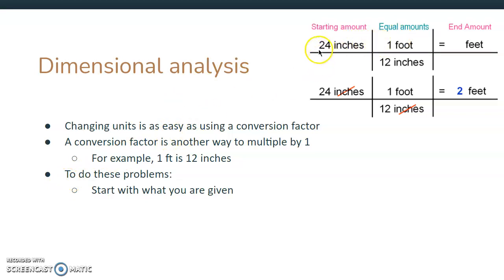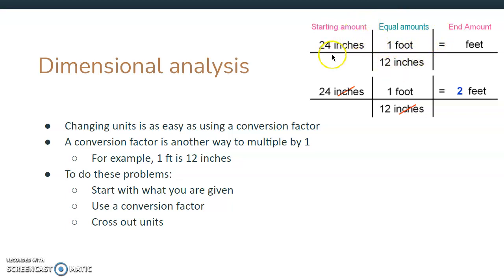When we start writing them, I find it's helpful to make little charts like this. We'll start by writing what we have, so 24 inches. Then we'll write our conversion factor, and then we'll cross units out like they did here. Just like we did with our factors, inches on the top can cancel with inches on the bottom.